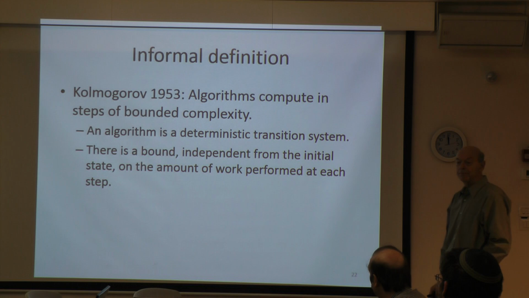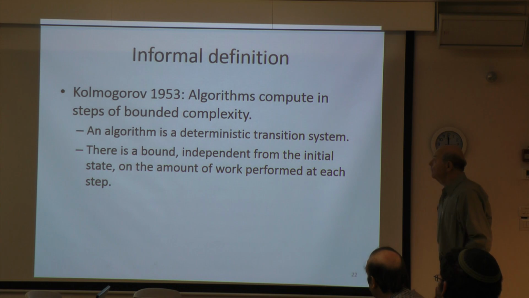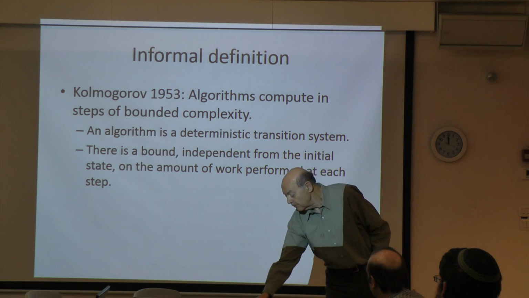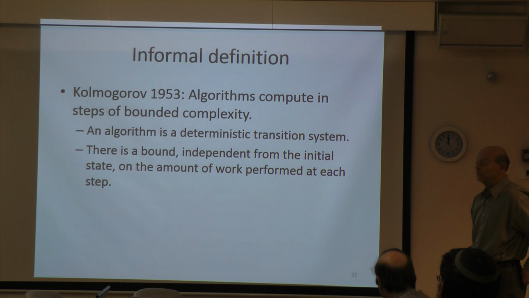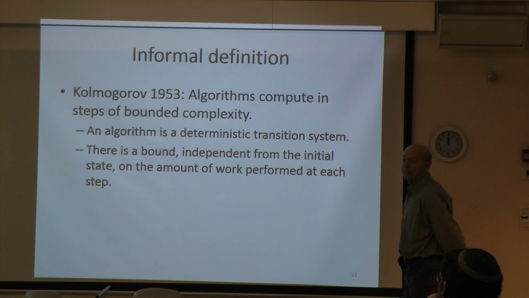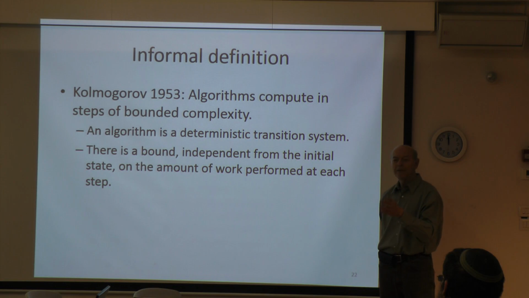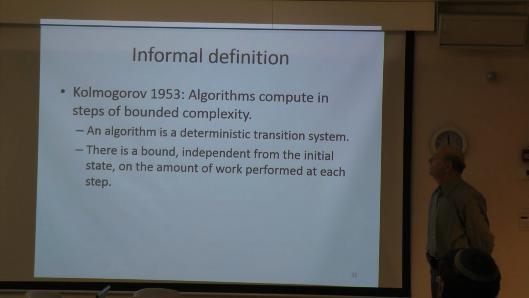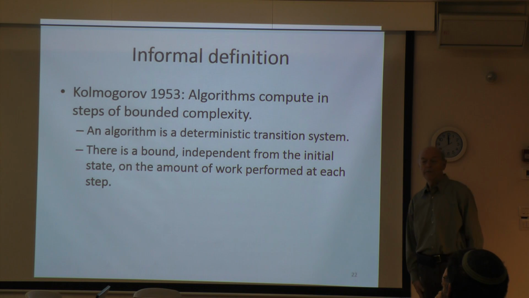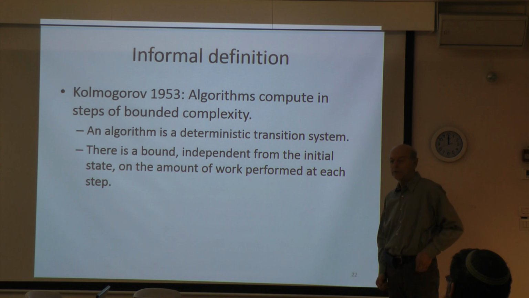So what's an algorithm? Kolmogorov in 1953 gave a sort of definition of sequential algorithms. At the time there were only sequential algorithms; non-sequential algorithms appeared in the 1960s, at least explicitly. So when in the 1950s he said algorithm, it was understood to be a sequential algorithm.